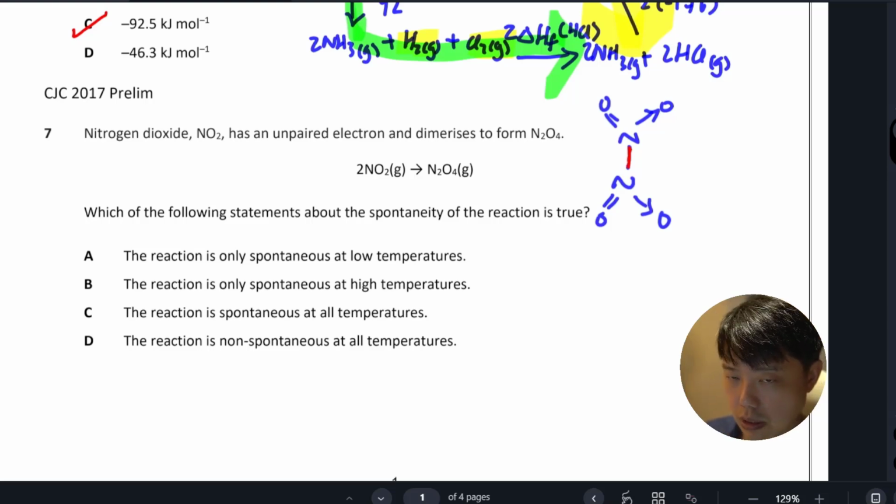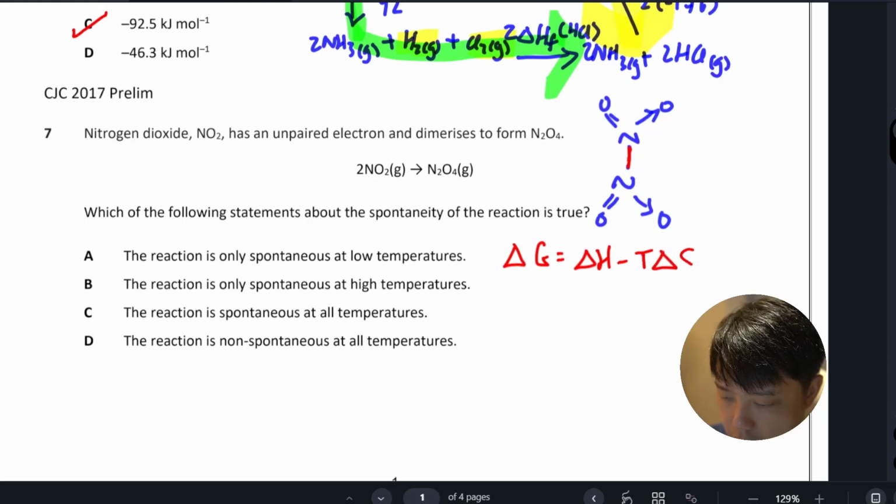Okay, so you notice that all the options are talking about spontaneity, so we need to use this formula: Gibbs free energy equals delta H minus T delta S. Okay, so we can roughly deduce what your delta H is. Delta H is most likely negative because there's only bond forming here. You form one bond.